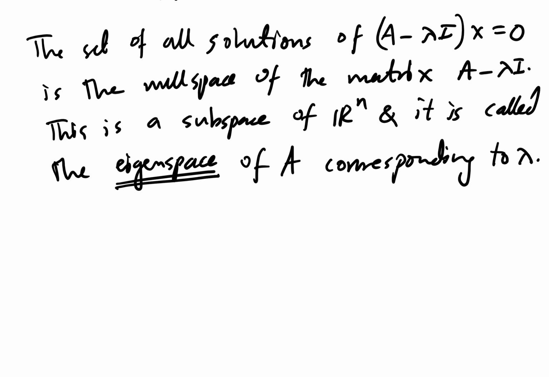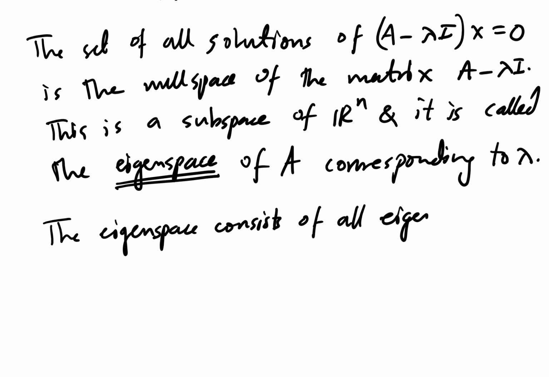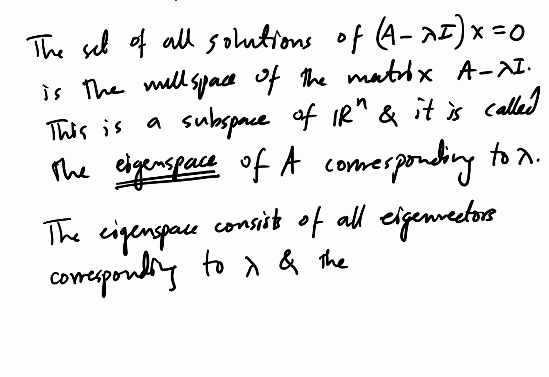So what does the eigenspace consist of? We say the eigenspace consists of all eigenvectors corresponding to lambda and the zero vector. So if you take the set of all the eigenvectors corresponding to lambda and the zero vector, that gives you the eigenspace.